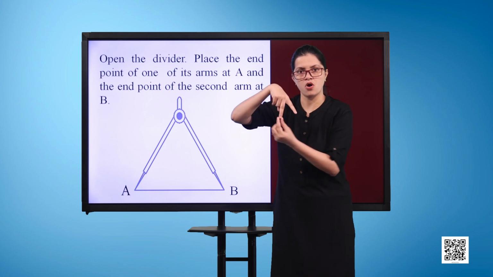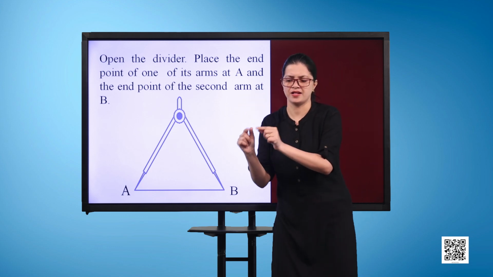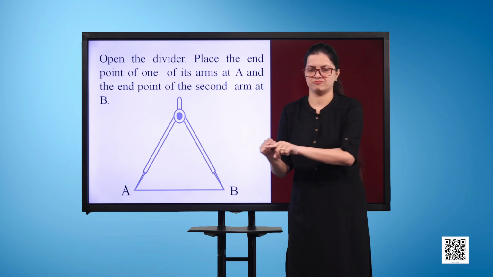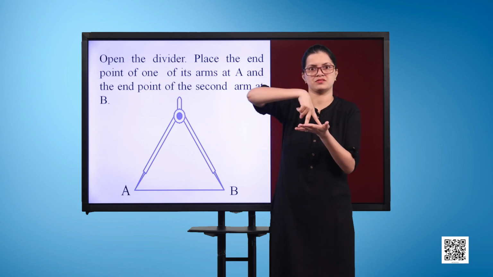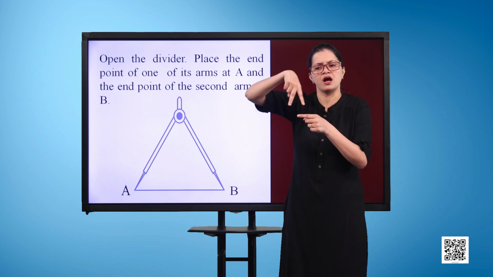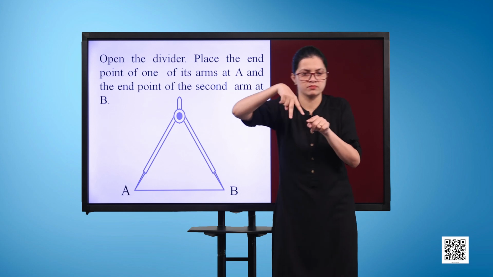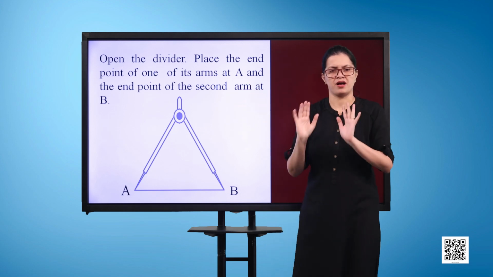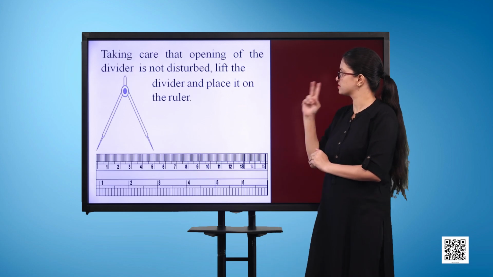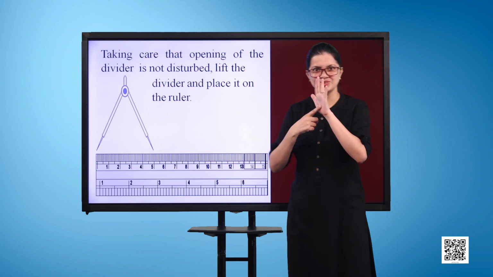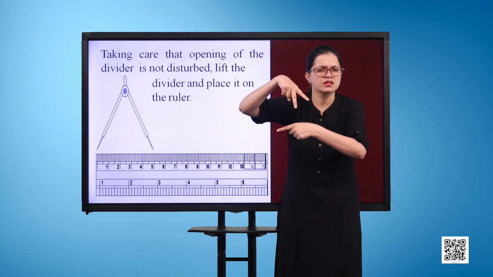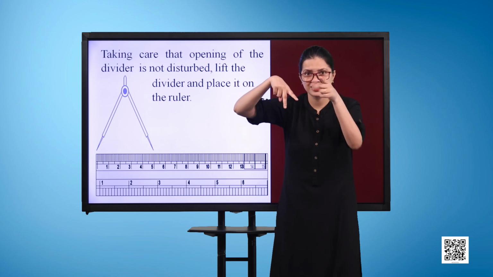Place the end point of one of its arms at A and the end point of the second arm at B, taking care that the opening of the divider is not disturbed.